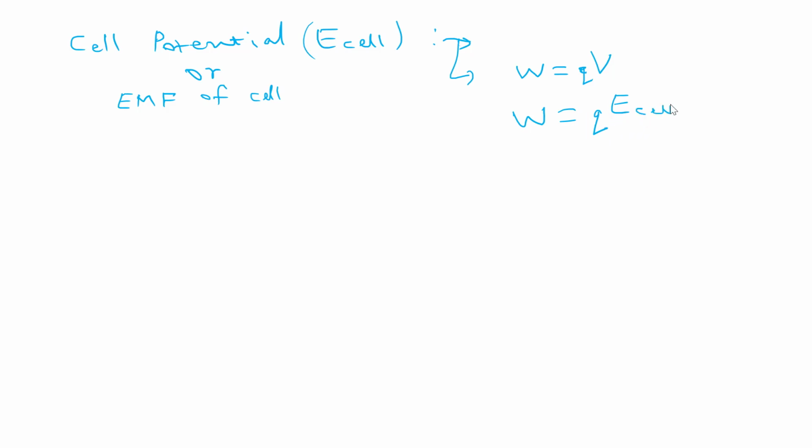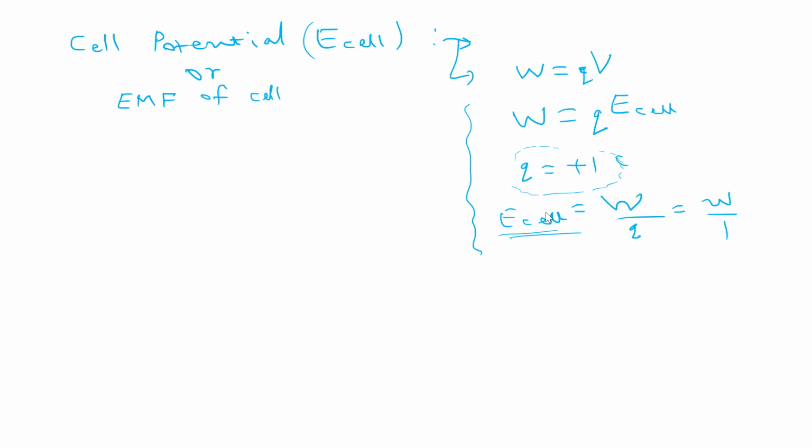So how can we define it using this? If we use Q as plus 1 coulomb, then E cell will be equal to the work done, by magnitude. So by using this, we can define the cell potential also.